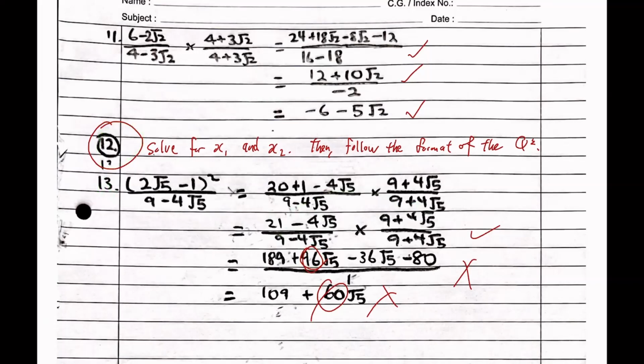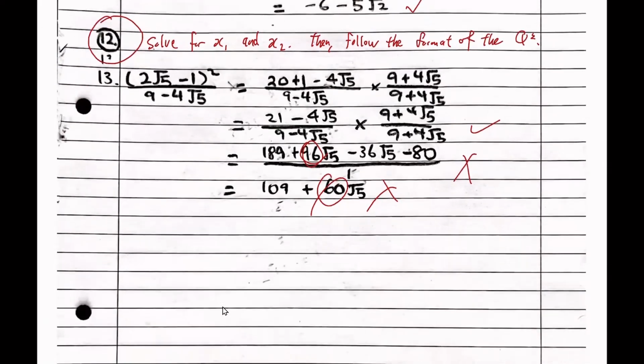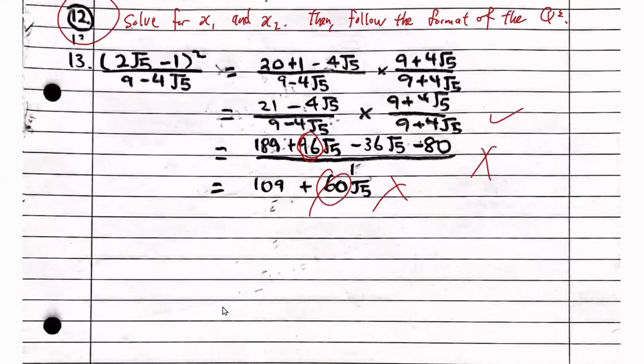Okay, question 13 done. Now let's talk about question 12. Let me bring up the question first. I kind of forgot the question already. This is the annual revision. Do you have question 12 open with you? Yeah.